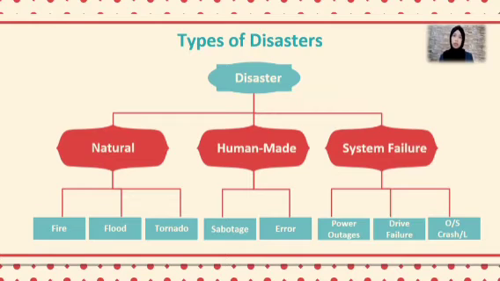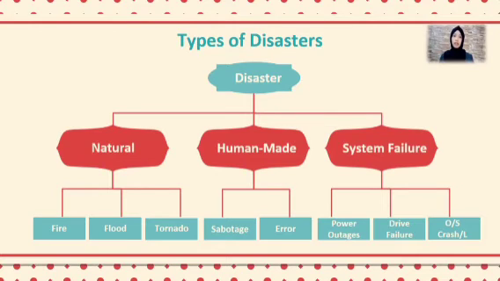The natural disasters, human-made disasters, and system failure are the three types of disaster. So, natural disasters such as hurricanes, widespread flooding, and earthquakes are the most potentially devastating of the three from a societal perspective because they can simultaneously impact many organizations within the affected geographic area.